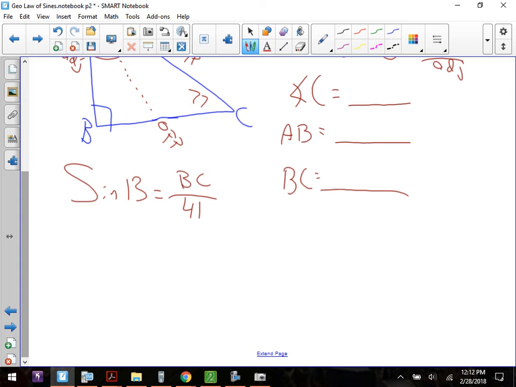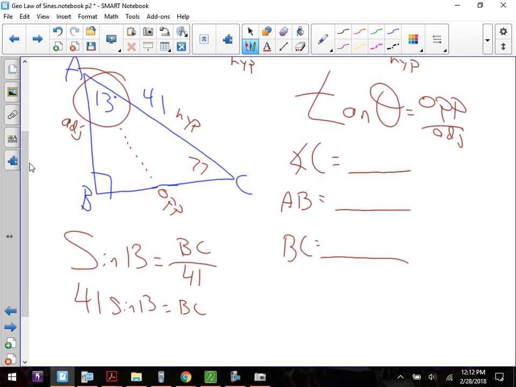Just bring it up. We get 41 times the sine of 13. That'll give me BC. What trig function do I then use to find my adjacent, knowing the hypotenuse? Cosine. I have to know this.